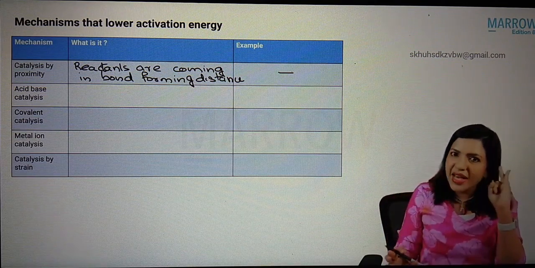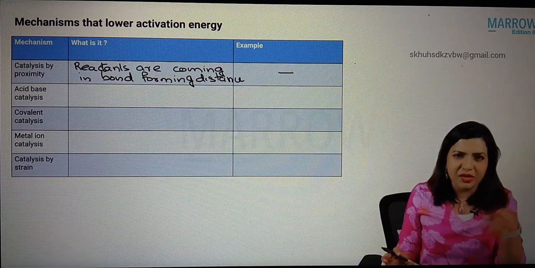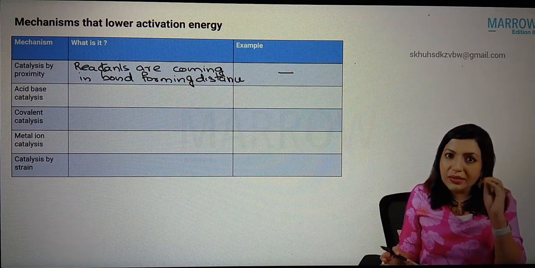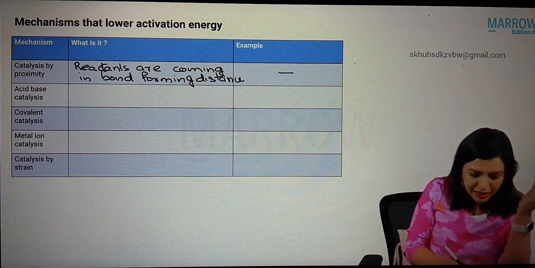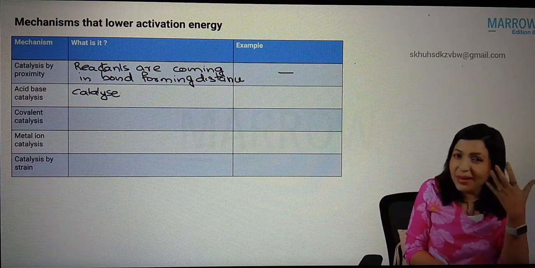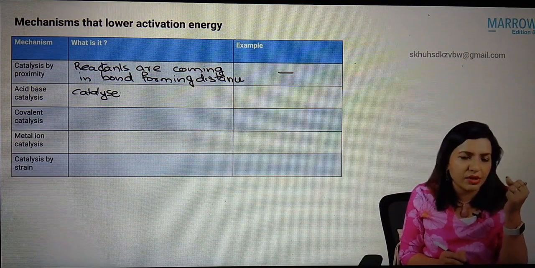That's it. Then acid-base catalysis. The name is telling you something. Yes, you know what acids and bases are. Acid-base catalysis means that in the active site there are certain amino acids which are called the catalytic residues.